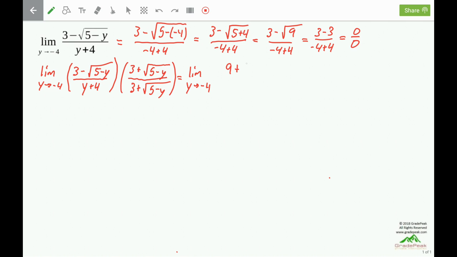Outside, 3 times the square root of 5 minus y. Inside, negative 3 times the square root of 5 minus y. And last, negative square root of 5 minus y times a positive square root of 5 minus y will be a negative of 5 minus y. Make sure to put the 5 minus y in parentheses.